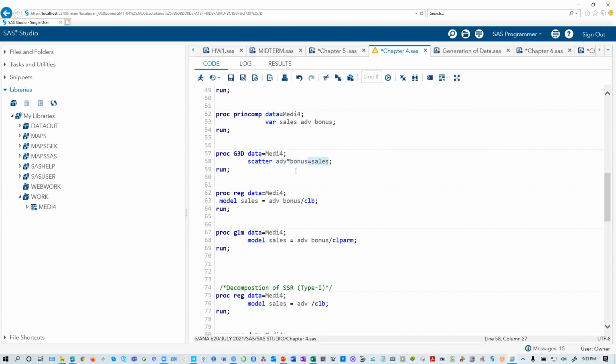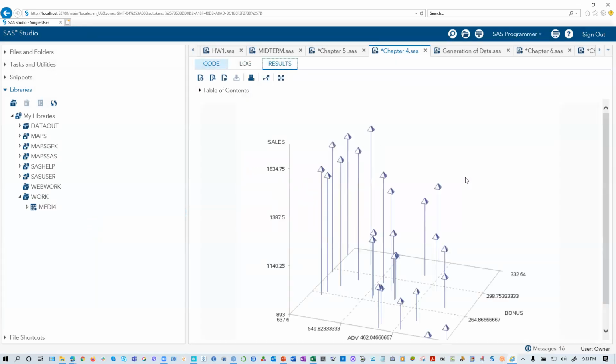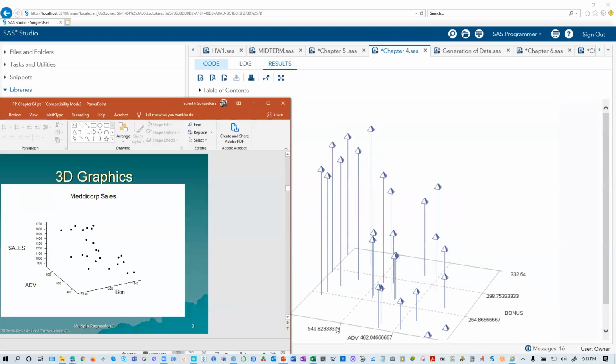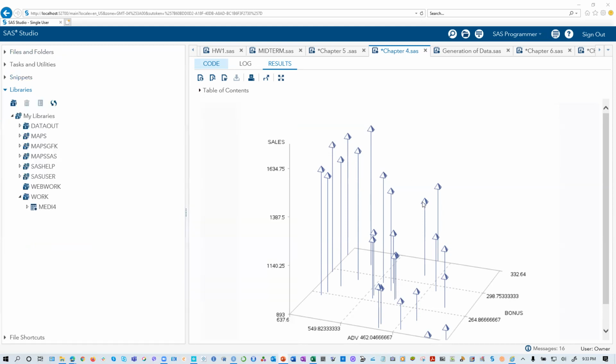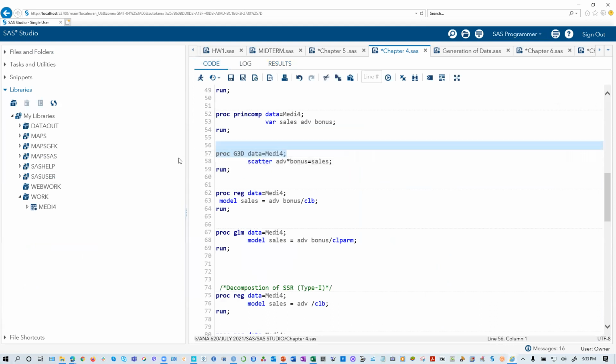This is Y, sales. If you run this, you're going to get a three-dimensional figure with advertising and bonus. So we can draw that by using G3D.